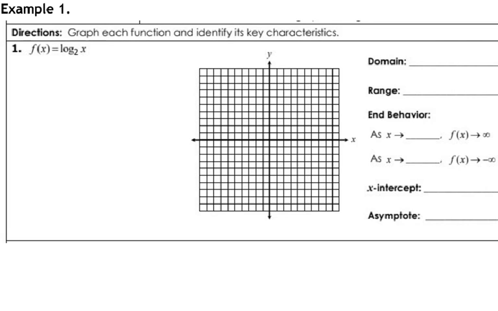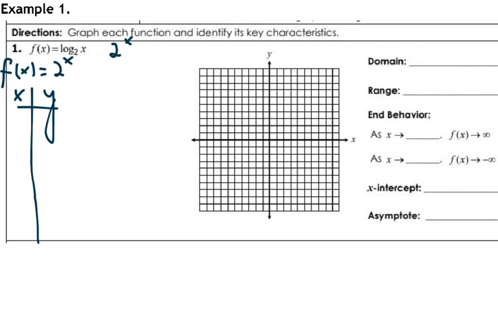So the inverse function is 2 to the x. Therefore, I need to first find the table for f of x equals 2 to the x. So let's just do the t-table. I can pick values -2, -1, 0, 1, 2.